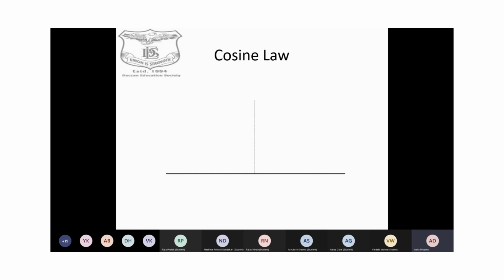What our cosine law states is that whenever any ray is perpendicular to the surface, the angulation between the normal and the incident ray is 0 degrees, and maximum penetration occurs. Cos 90 is 0, cos 0 is 1, correct?